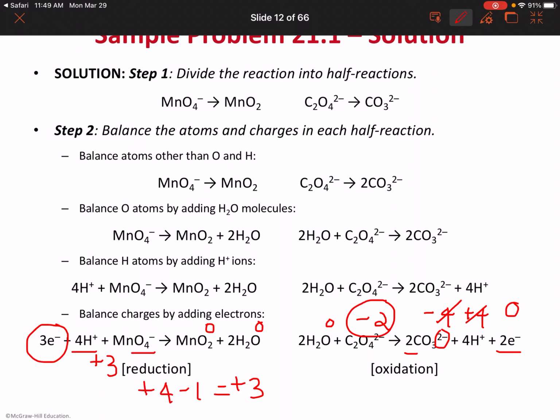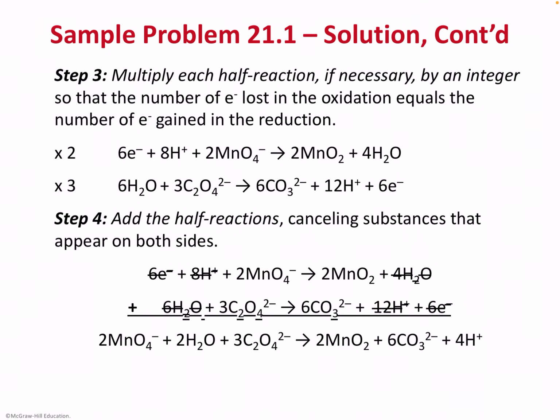So once you balance the charges, sorry, we have 3 electrons in the manganate one, and in the oxalate one we have 2 electrons. Now we need to balance our electrons. So we have to multiply each half reaction so that we have the same number of electrons.